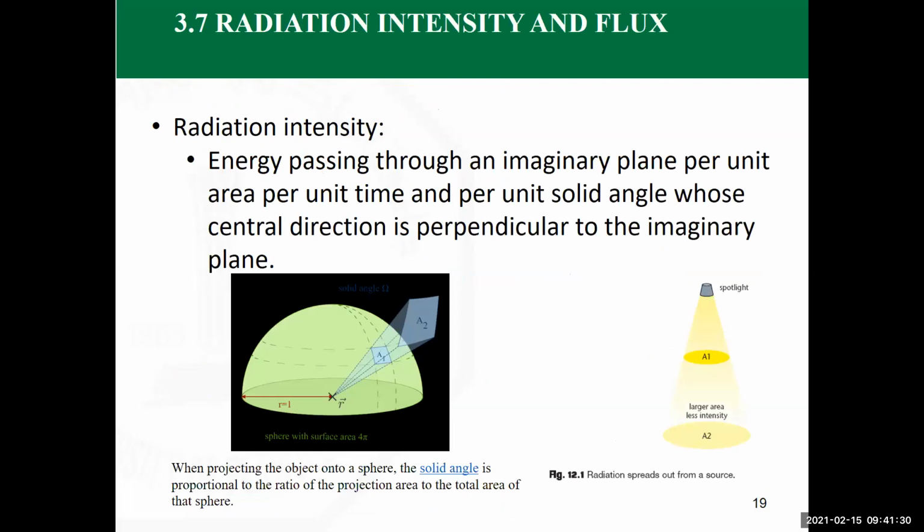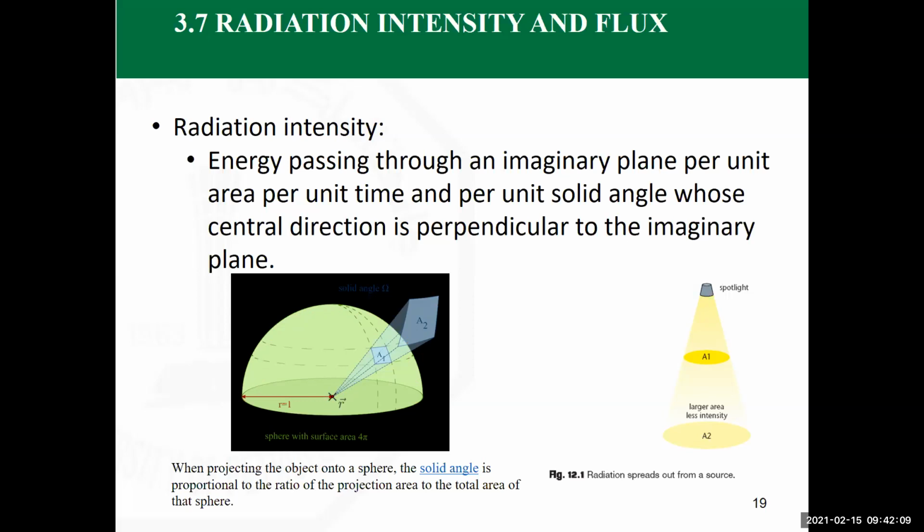In the heat transfer course also, you defined radiation intensity and radiation flux. The radiation intensity is defined as the amount of energy passing through an imaginary plane, per unit area, per unit time, per unit solid angle, whose central direction of the solid angle is perpendicular to the plane. So we have a source of energy, which is an emitter, for example, this one, and we assume that there is an imaginary surface, a hemisphere above it here.